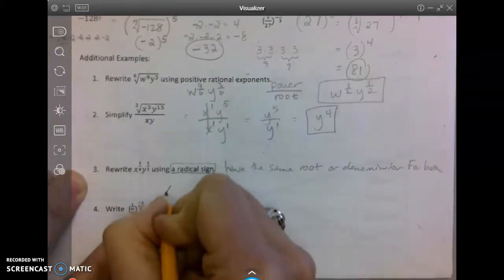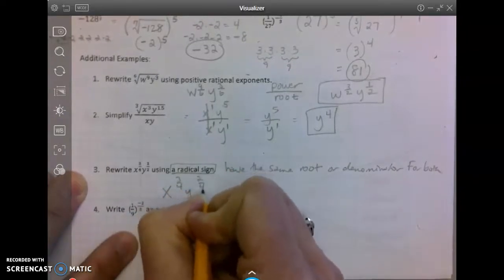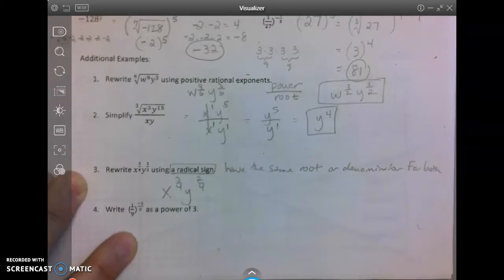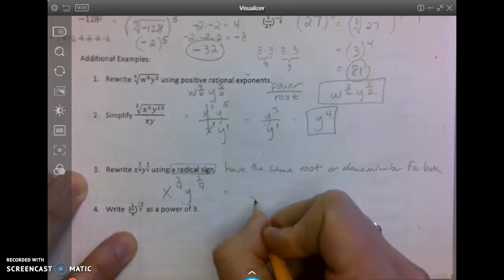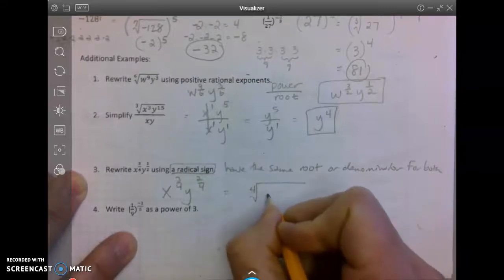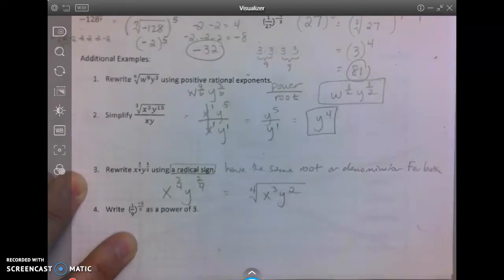So I'm going to rewrite this as x to the 3/4 over y to the 2/4. I know that a half is 2/4. Now I can write this using a radical sign. My radical sign is the 4th root of x cubed y squared.